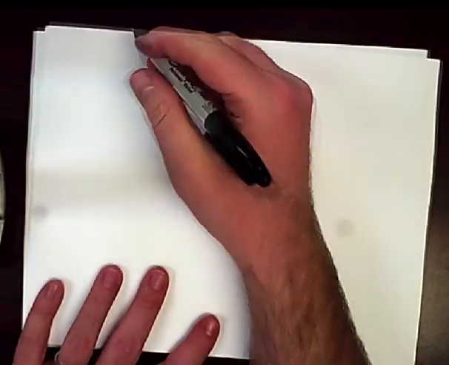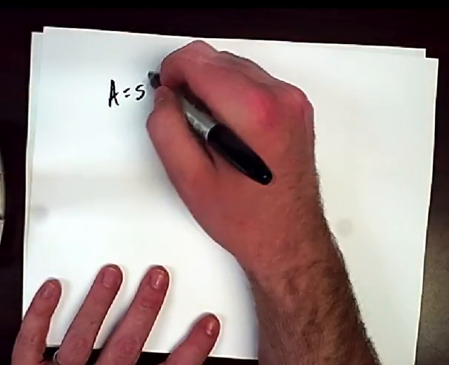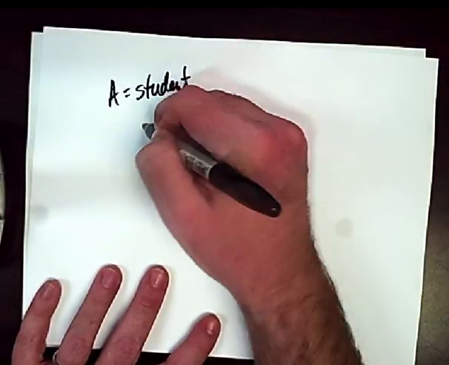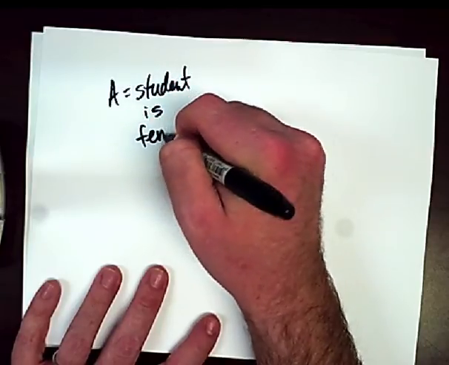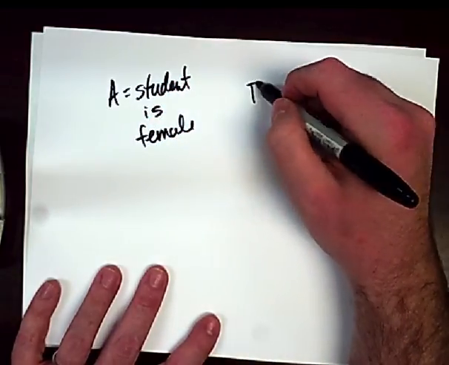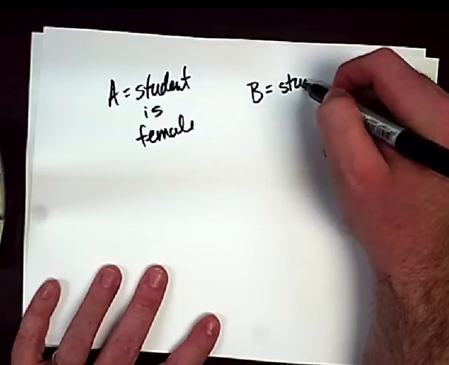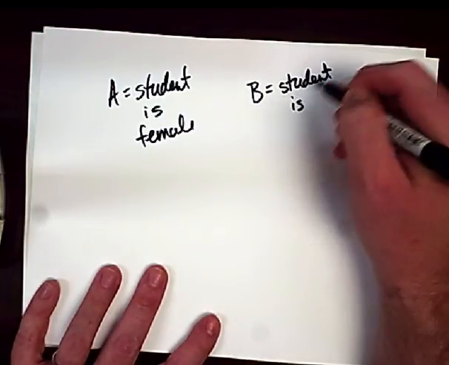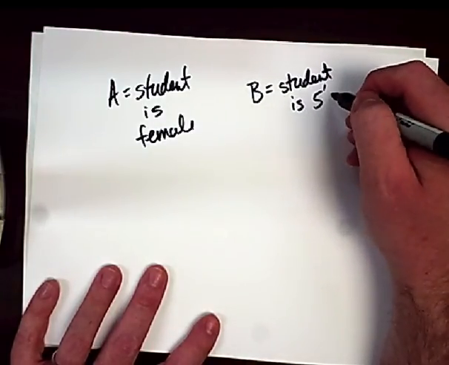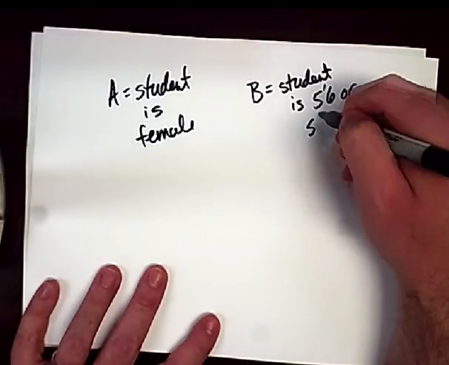Dependent would be A, student is female, and B, student is 5'6" or shorter.